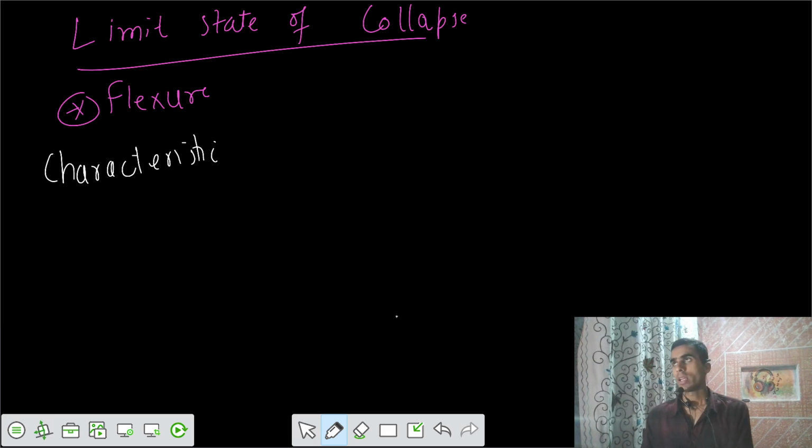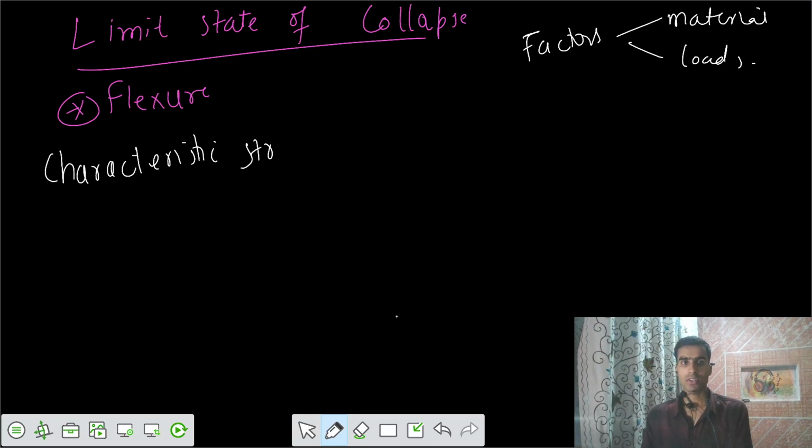The limit state method applies partial safety factors on both materials as well as loads.